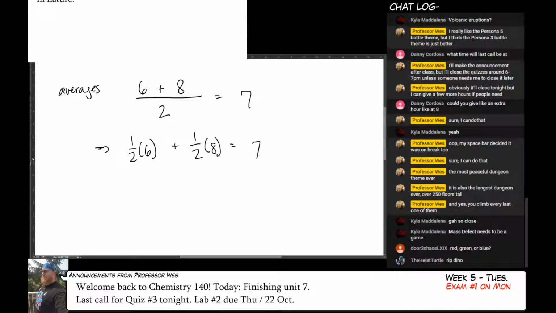And so what these are right here are called weights. And because I am equally weighting both contributions, so the 6 and the 8 are equal contributors, they affect my average by half each. Now, if I had 3 numbers, I would have the same thing going on where it was like this. And then I would do this.